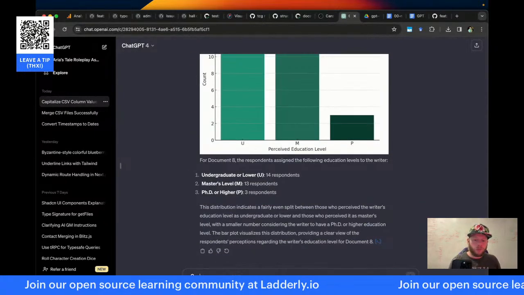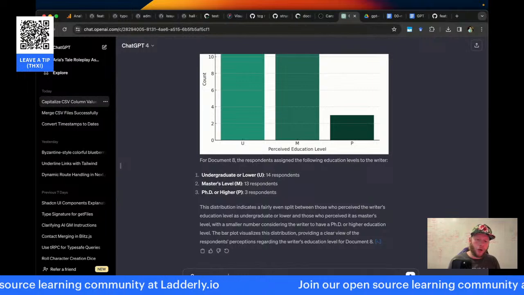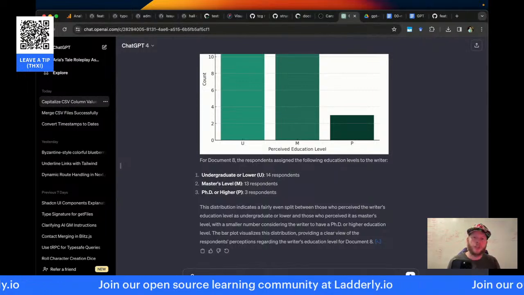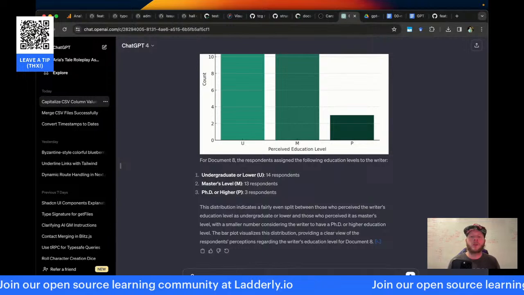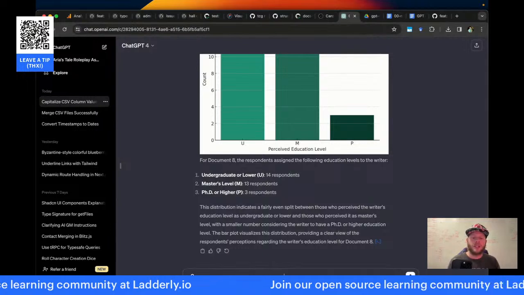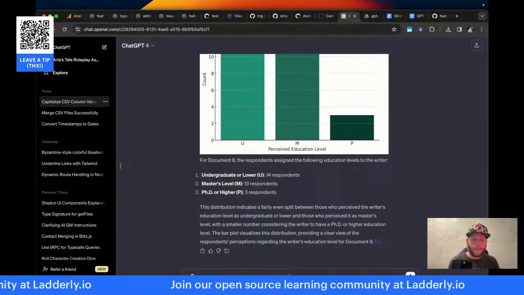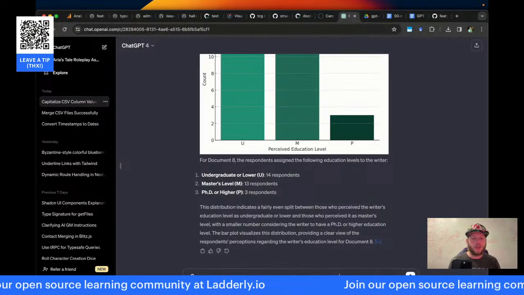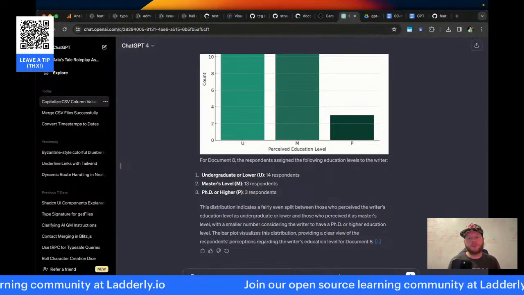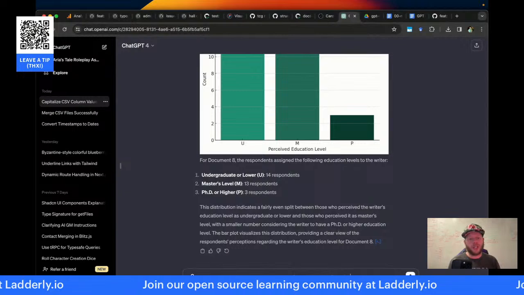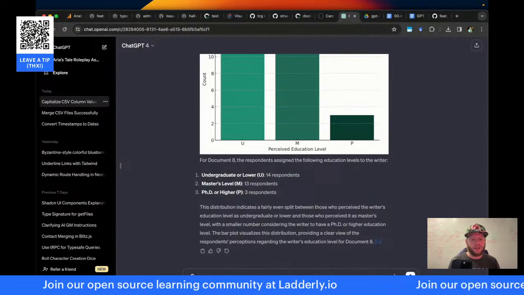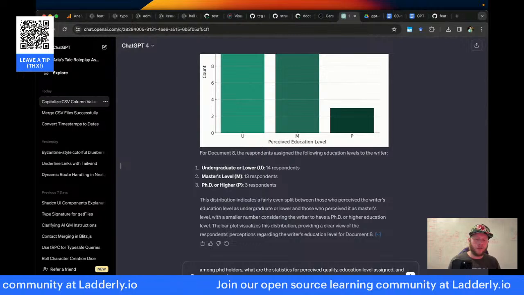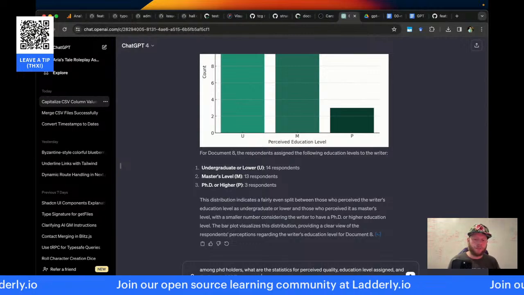Okay. Among PhD holders, what are the statistics for perceived quality, education level assigned, and likelihood of GPT authorship?